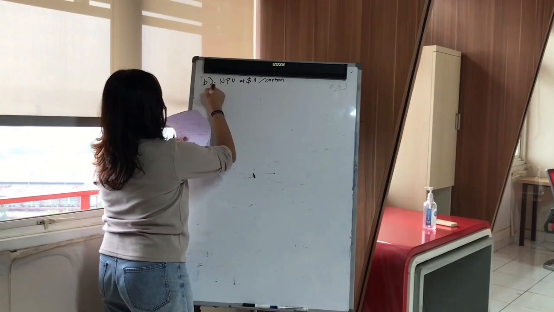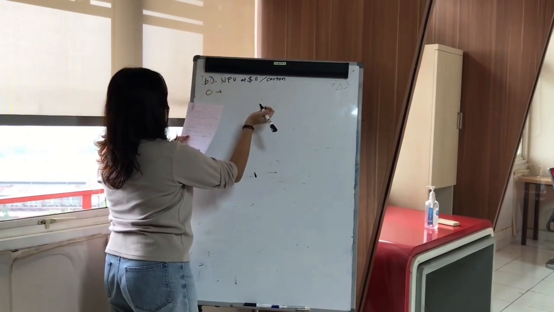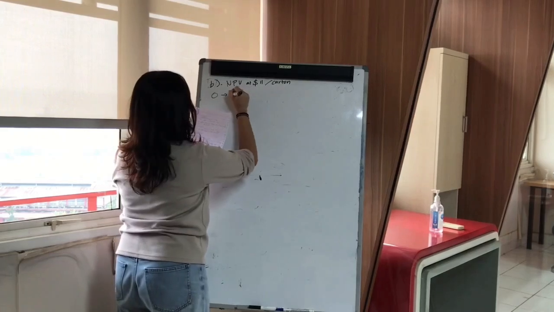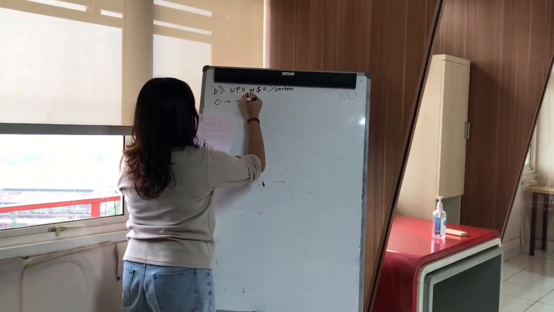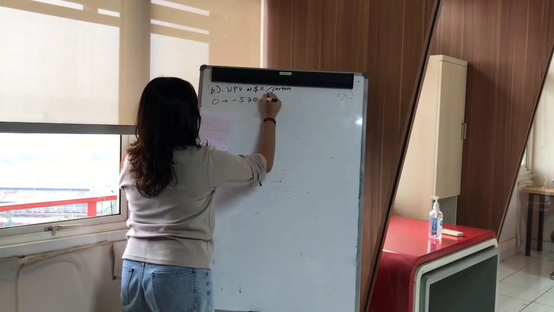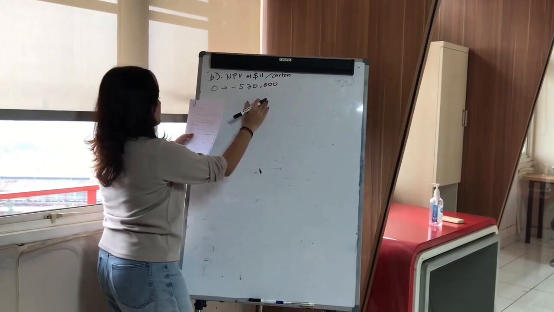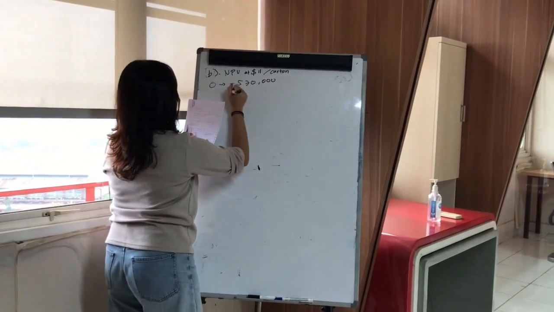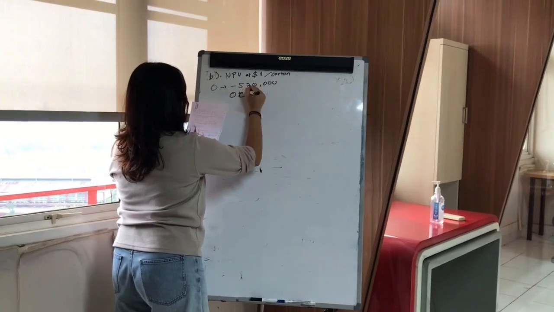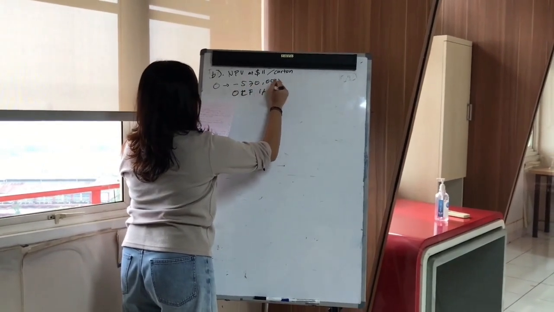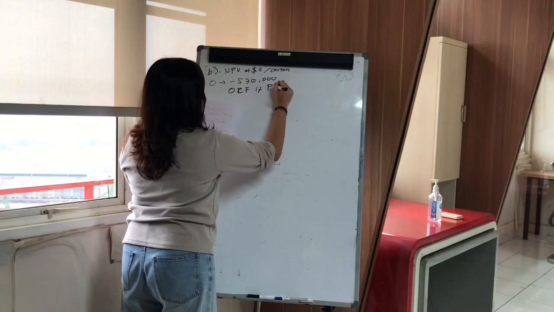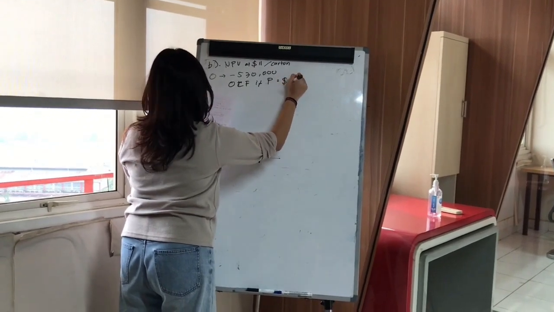For year 0, we will use the initial investment that is minus 570,000. And now, what about the other years? We will use OCF if P is equal to $11.